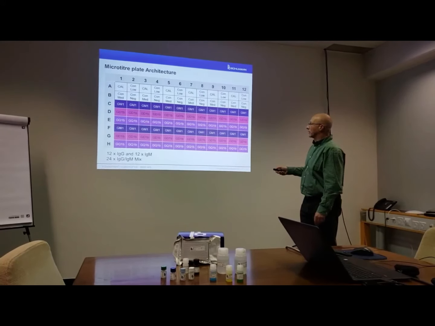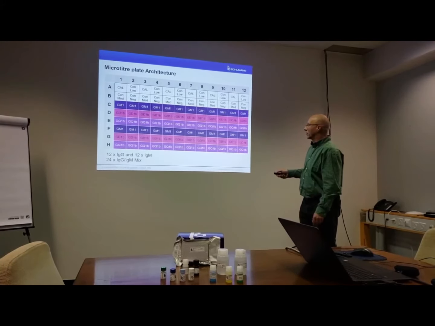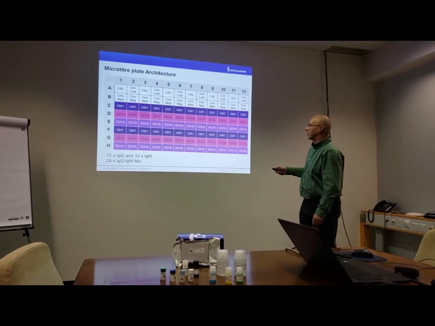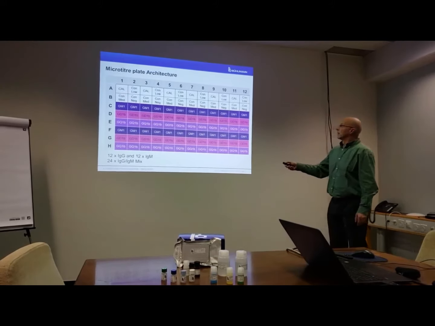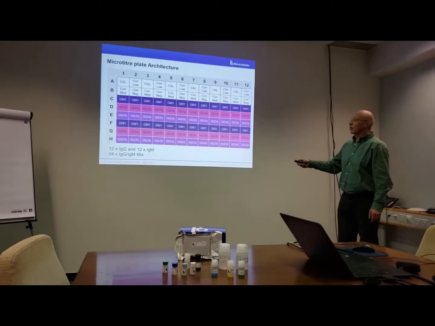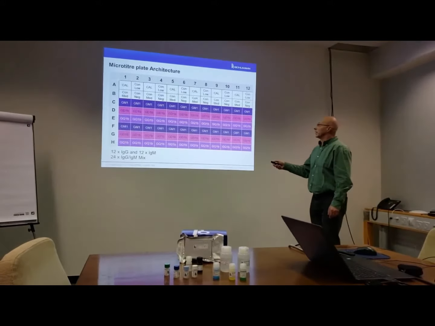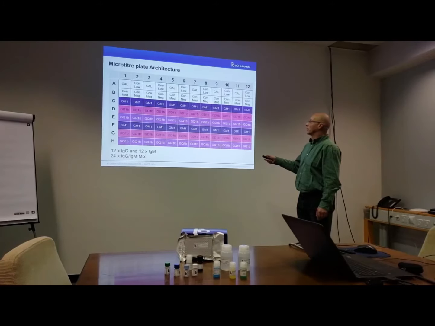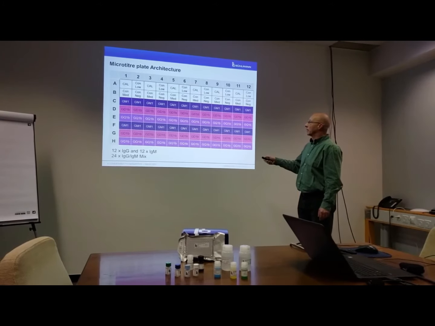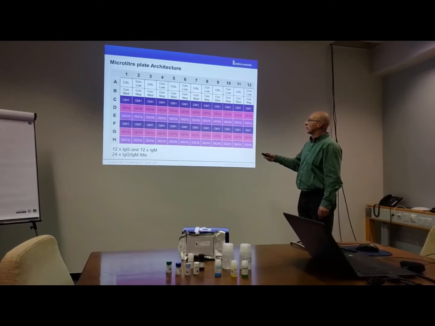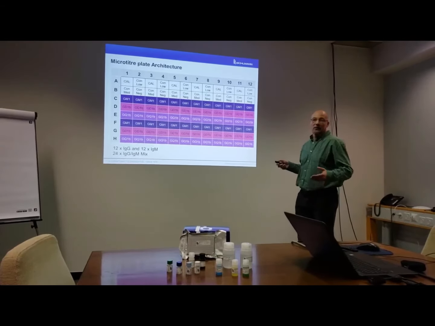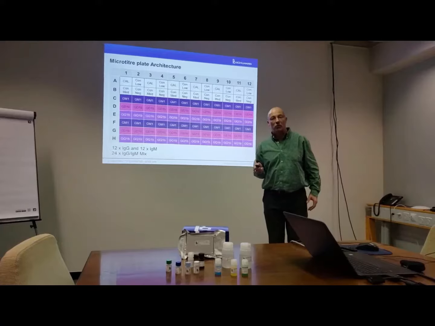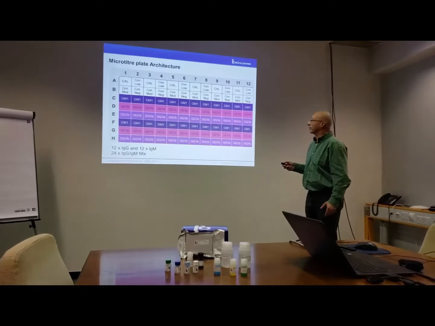The gangliosides, the same order, is repeated again below. The A and B rows are meant for the calibrator and 3 controls of 3 different titers: medium titer, low titer, and negative.